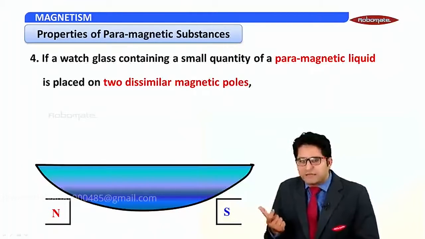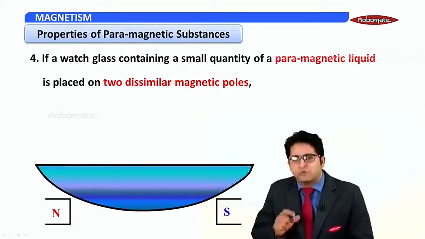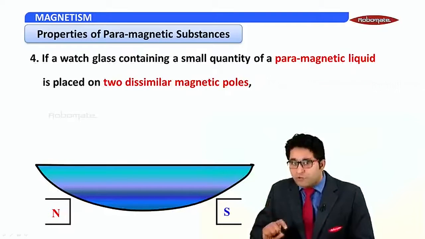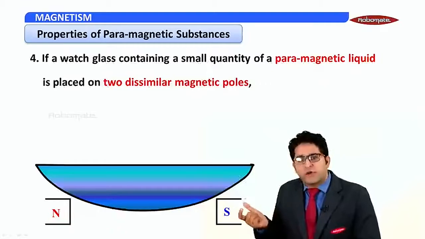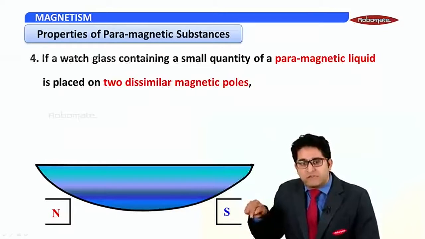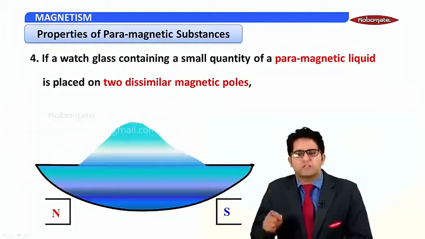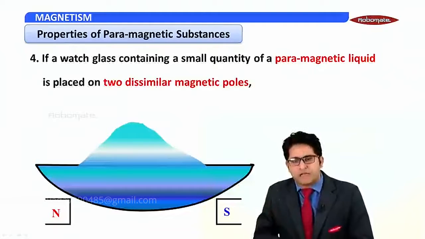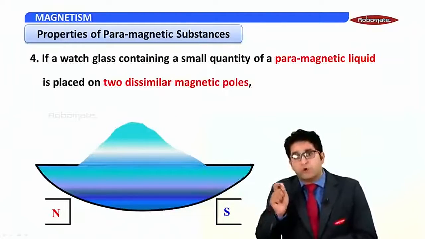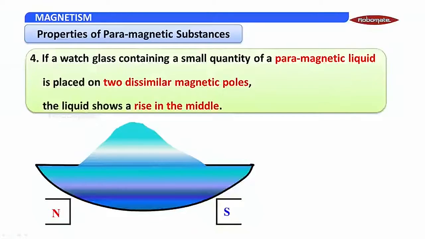At the center the magnetic field will be stronger, and a paramagnetic substance has a tendency to move from the weaker part of the field to the stronger part, so the liquid level will show a rise in the middle. So if a watch glass containing a small quantity of paramagnetic liquid is placed on two dissimilar magnetic poles, the liquid shows a rise in the middle.